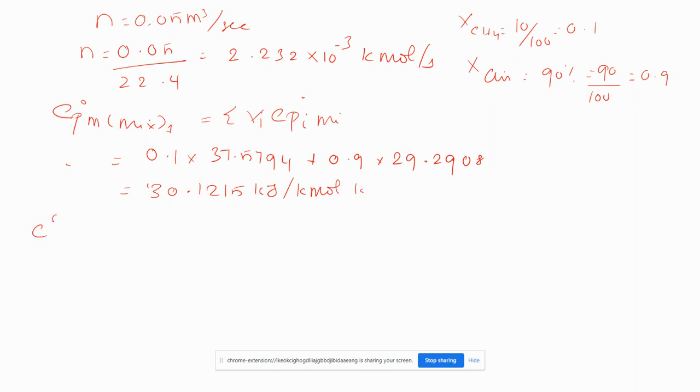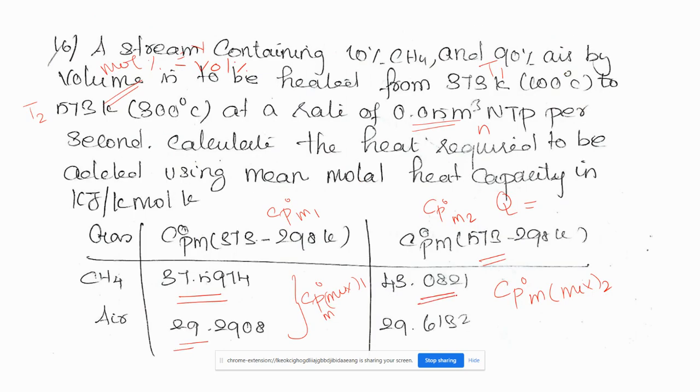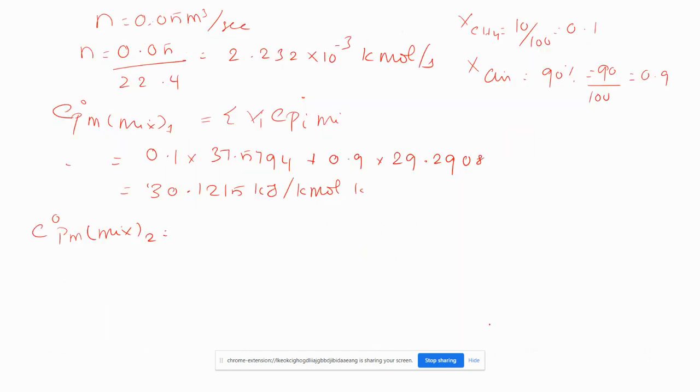Next is Cp naught M of mix 2. You have to find it the same way, sigma xi Cpi. So here you will get 0.1 into 43.0821 plus 0.9 into 29.6132.